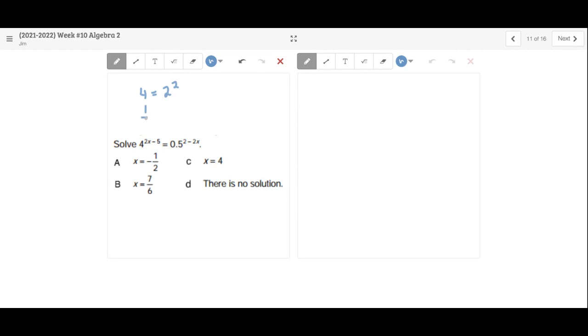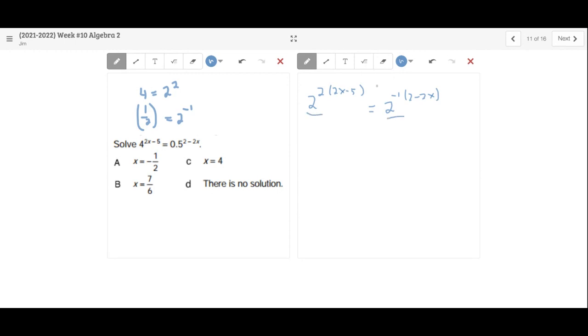And 0.5 is really 1/2, right? So couldn't I rewrite 1/2 as 2 to the negative 1? Isn't that the same thing? So in this problem, I can rewrite them with the common bases. And if I do that, I end up with 2 to the second, 2x minus 5, is equal to 2 to the negative 1, and then 2 minus 2x.